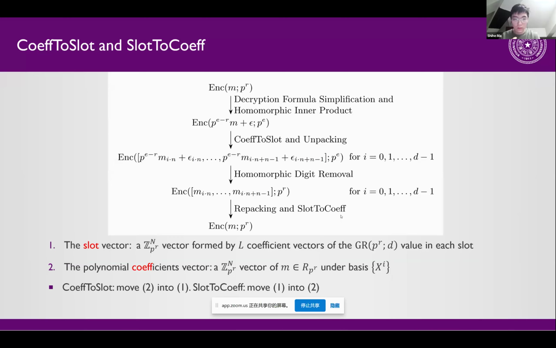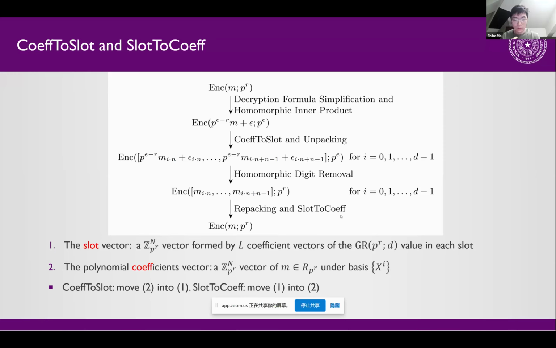So this is a typical workflow of the BGV/BFV bootstrapping. We have two vectors here. The first vector is the slot vector. We view it as a Z_{p^r}^N vector formed by concatenating the L coefficient vectors of the Galois ring value in each slot. The second vector is called the polynomial coefficients vector.